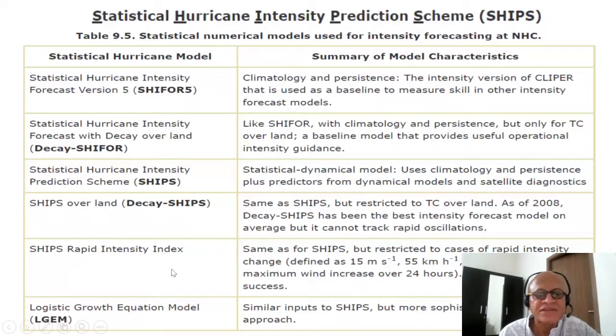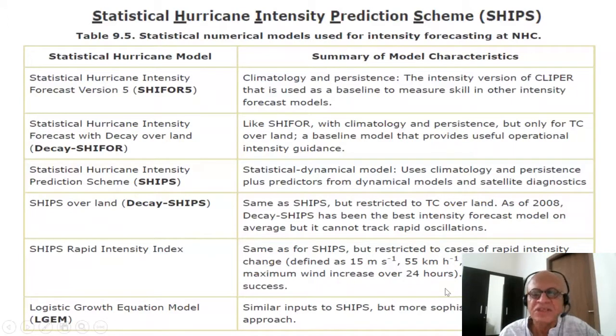SHIPS rapid intensity index is the same as SHIPS but restricted to cases of rapid intensity change, defined as 15 meters per second, 55 kilometers per hour, or 35 mph, or 30 knot maximum wind increase over 24 hours. We defined this several times. It has had mixed success.